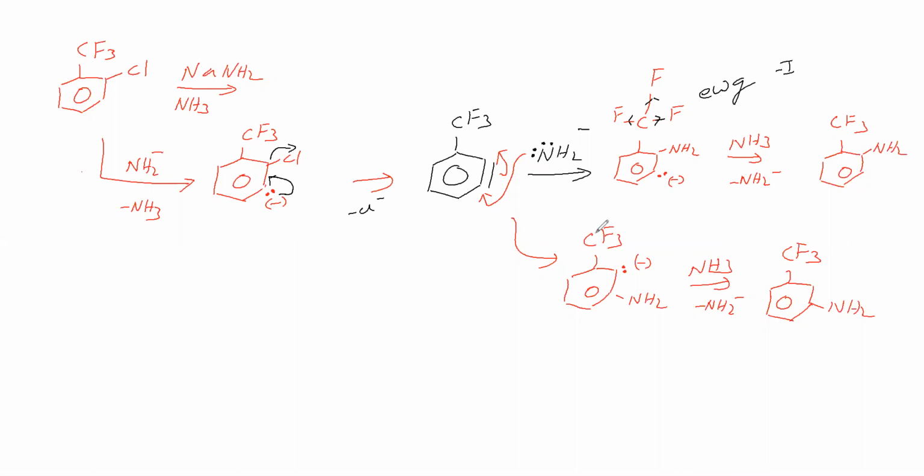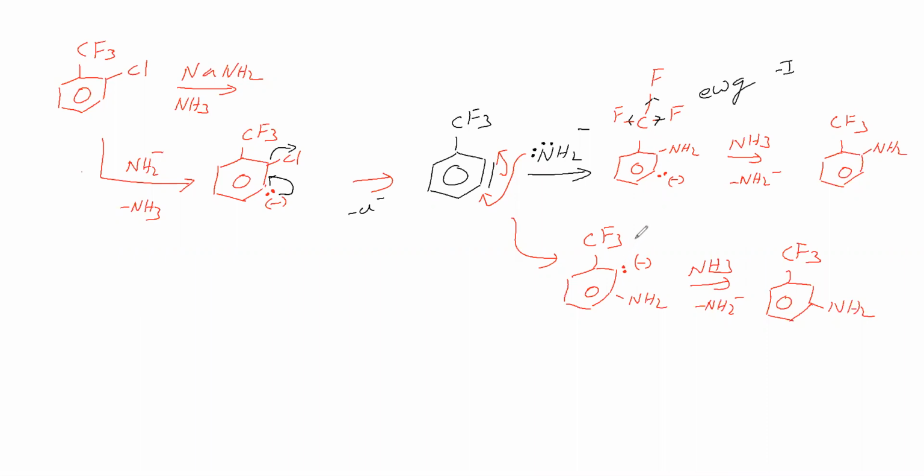In the same way, CF3 is an electron withdrawing group, so it shows a minus I effect and stabilizes this ortho negative charge, and also this meta negative charge. Now, the inductive effect depends on distance. It is dominant if the distance is short; if distance increases, the magnitude decreases. Here the electron withdrawing group is here, with the negative sign at the meta position and at the ortho position.